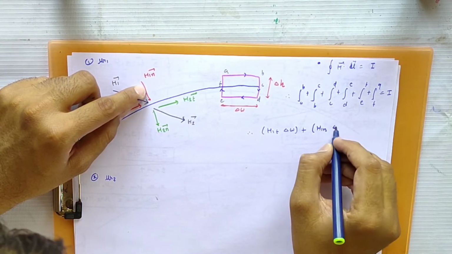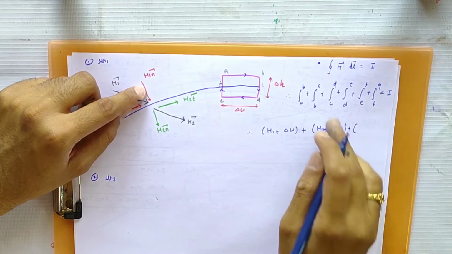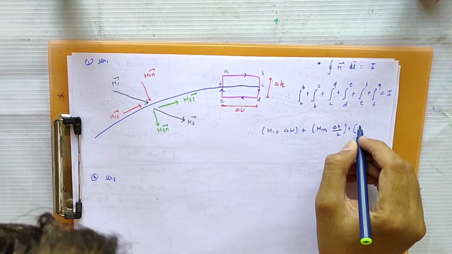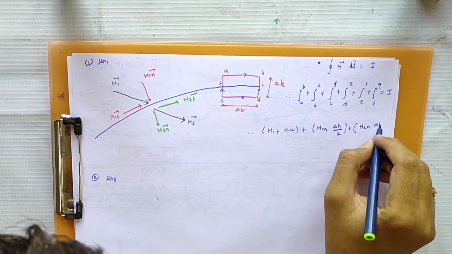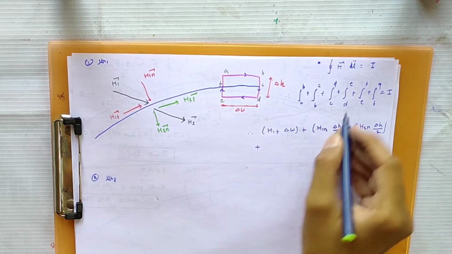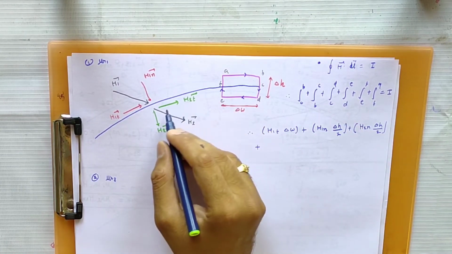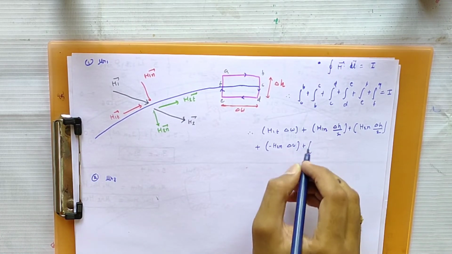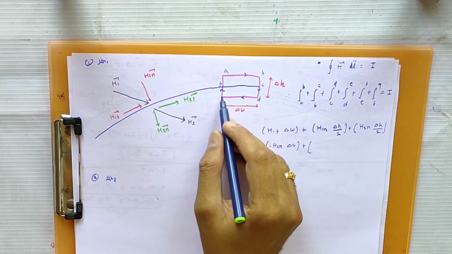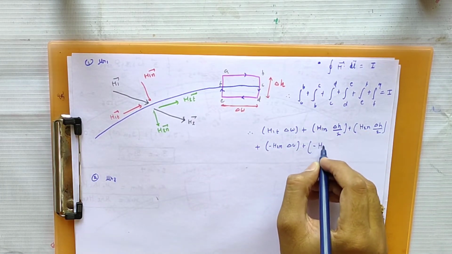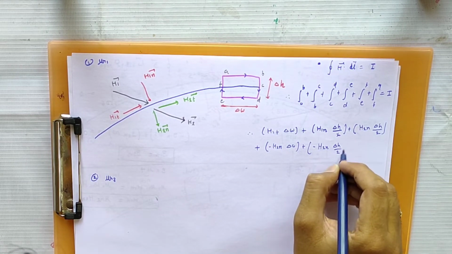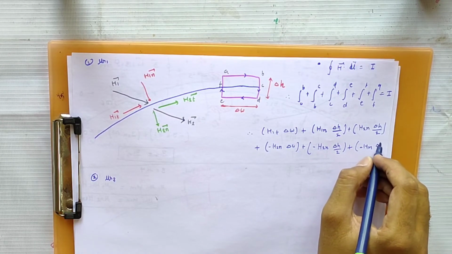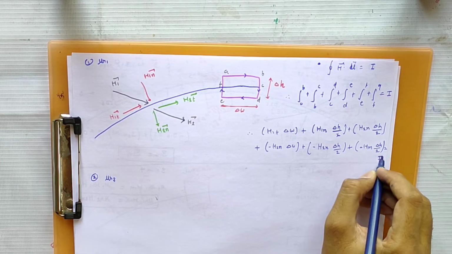So H1n delta H by 2 plus C to D, which is in the same direction of H2n, so H2n with length delta H by 2, plus next D to E. D to E is in the opposite direction of H2n, so minus H2n, and the length is delta W. E to F is in the opposite direction of H2n, so minus H2n delta H by 2, and last is F to A, which is minus H1n delta H by 2, is equal to I.